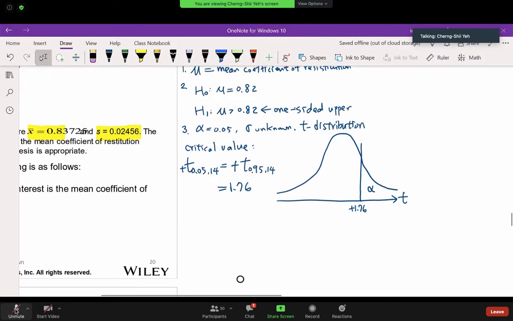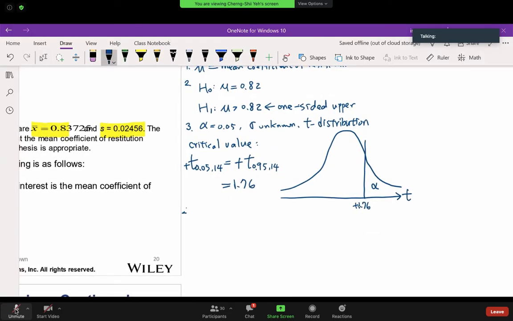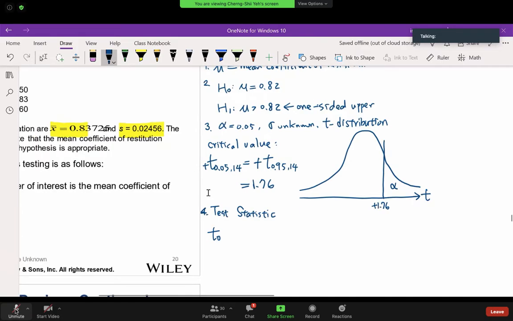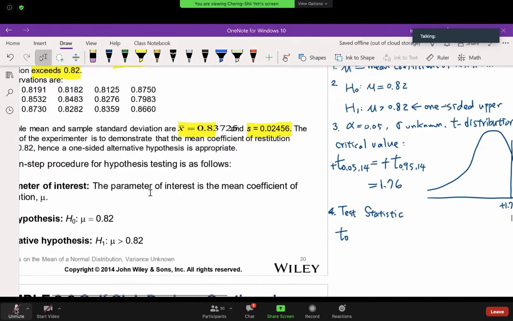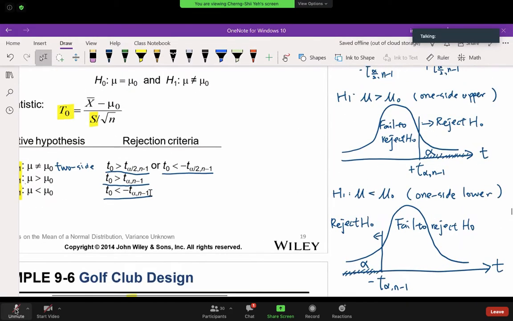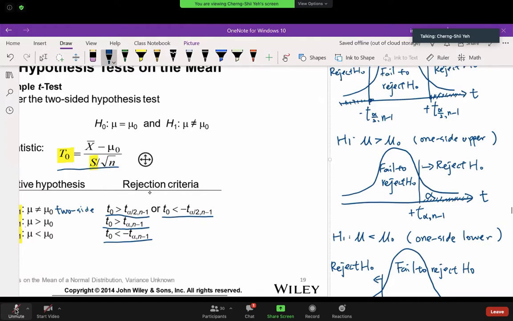Step 4, let's calculate our test statistic. This is our T statistic, and I'll show you the equation one more time. The T statistic is very similar to Z. The only difference is that we use the sample standard deviation because the population standard deviation is not given.